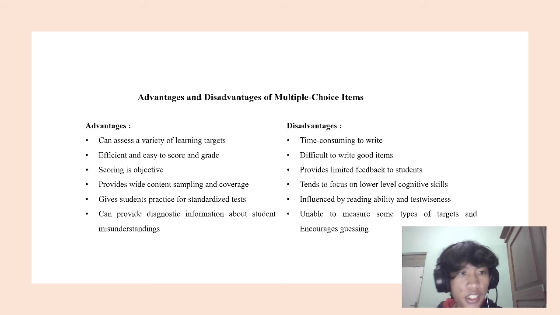The advantages are: it can assess a variety of learning targets, and it is efficient and easy to score and grade. The third advantage is that scoring is very objective, and it provides wide content sampling and coverage. The next advantages are that it gives students practice for standardized tests, and can provide diagnostic information about student misunderstanding.